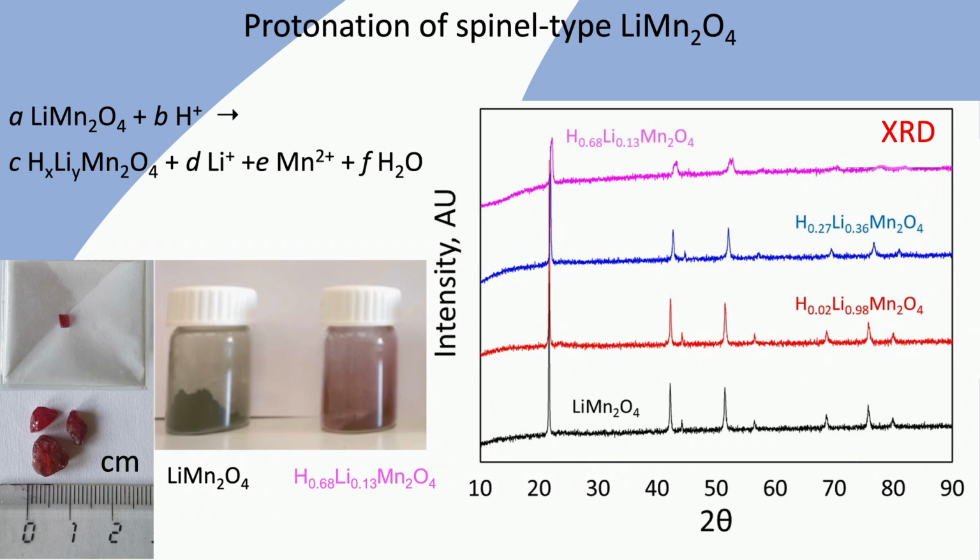The material partly dissolves under extraction of lithium, manganese and oxygen. At certain pH, not only lithium is being removed, but also hydrogen ions, protons, are inserted. The structure itself remains intact. Only lithium ions are gone and partly exchanged with protons.